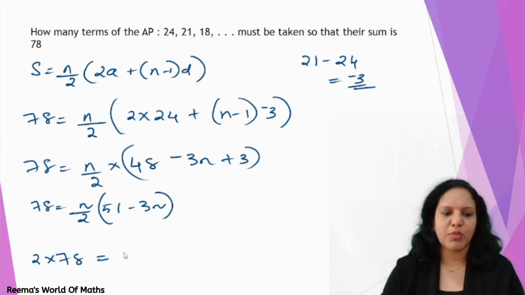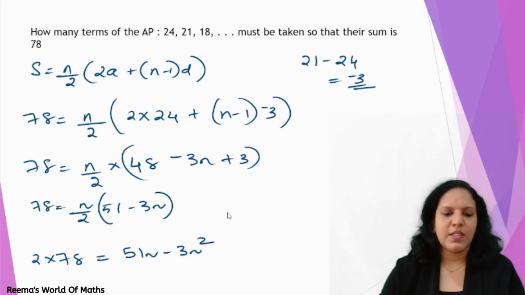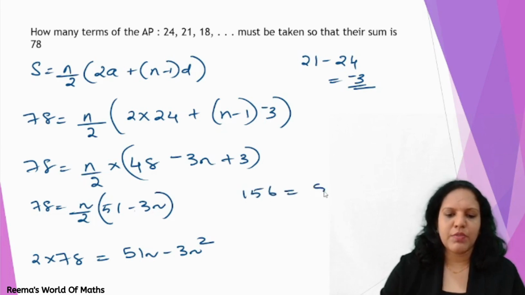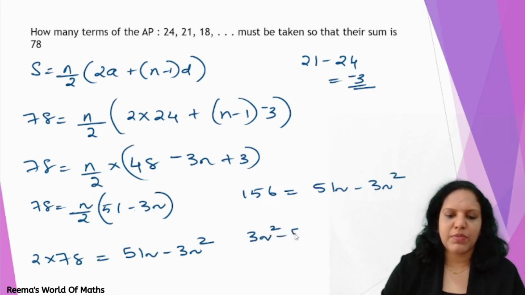We can remove the bracket. So that will be 51n minus 3n squared, correct? So that is 156 equals 51n minus 3n squared. We can bring this to the other side. So that will be 3n squared minus 51n plus 156 equals 0.